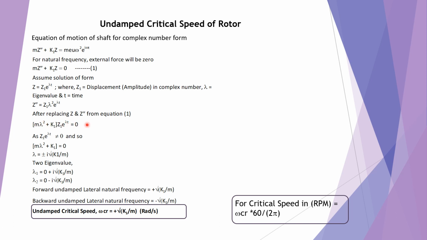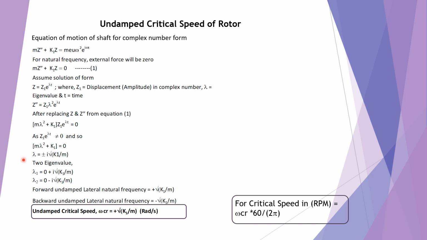After replacing z and z double differentiation in equation 1, we can write bracket start m into lambda square plus k1 bracket close into z1 into e to the power lambda t is equal to 0. But z1 into e to the power lambda t cannot be 0, and so we can write m into lambda square plus k1 is equal to 0.